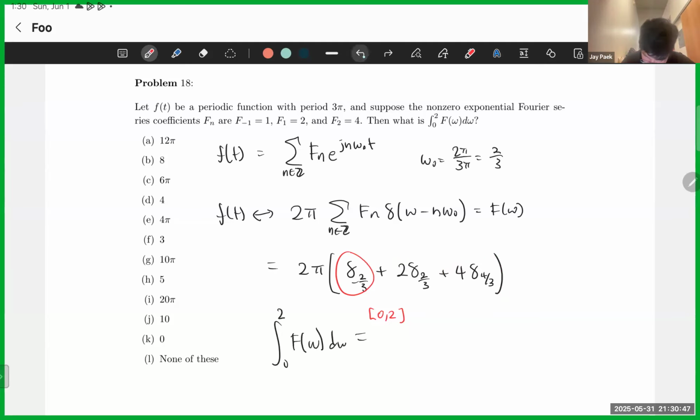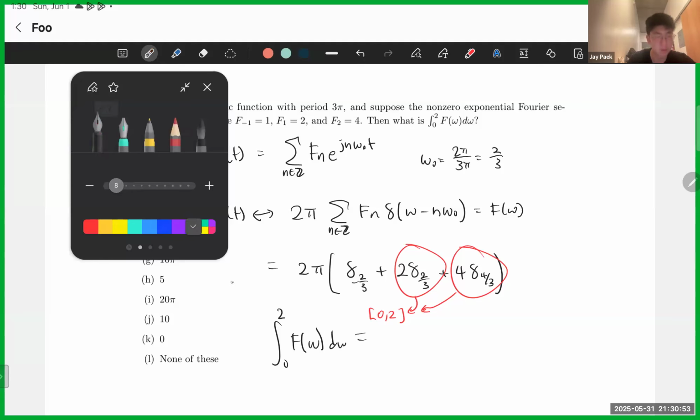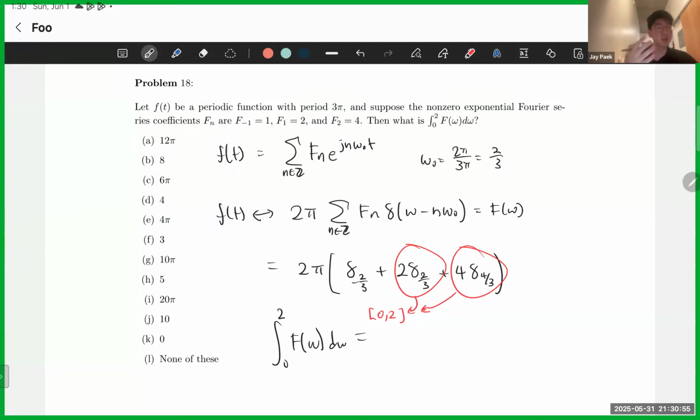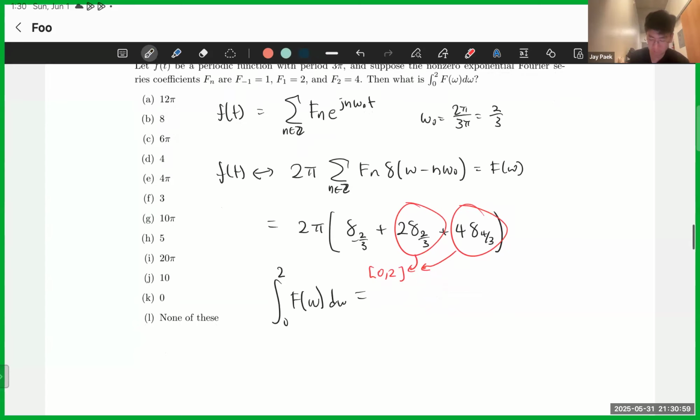We only have two. We have this and this. They fall into the interval of integration. Sorry, and since we have these two delta functions that fall into the interval of integration, we only integrate over those two delta functions.